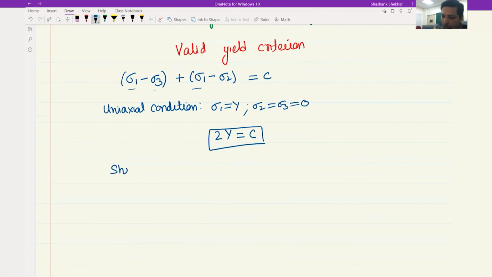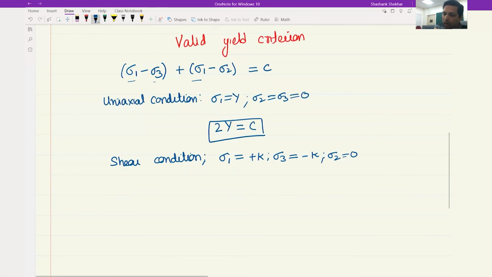Similarly, we apply the pure shear condition. In pure shear condition, sigma 1 is equal to plus K and sigma 3 is equal to minus K and sigma 2 is equal to 0. So we again put this here.